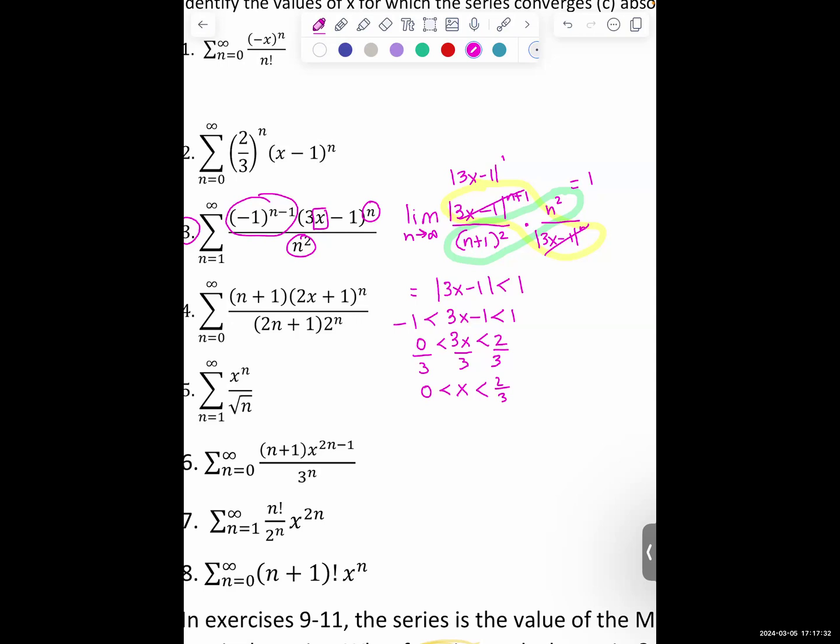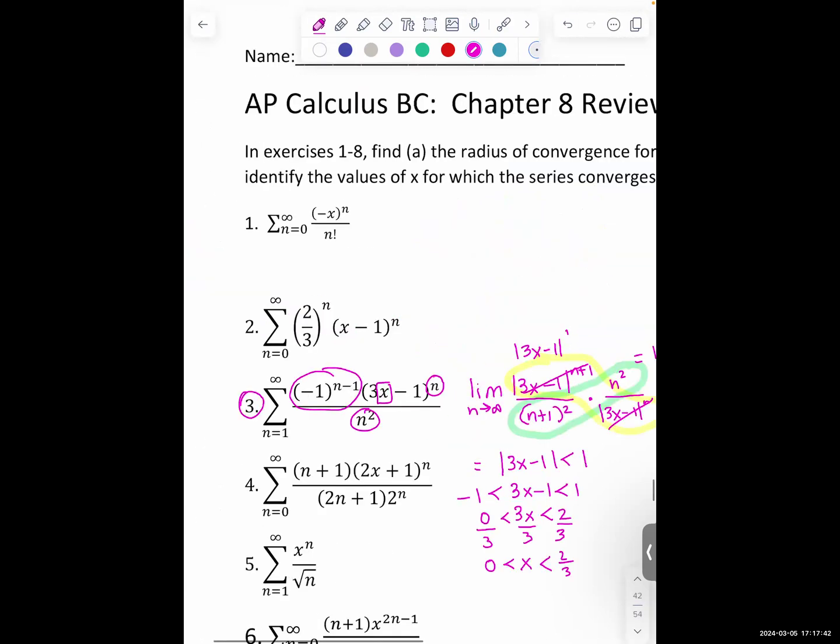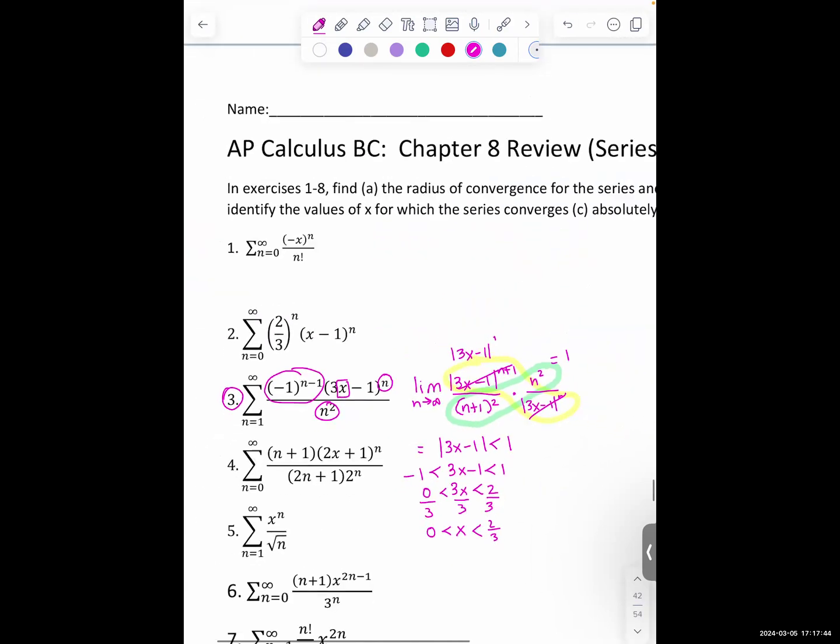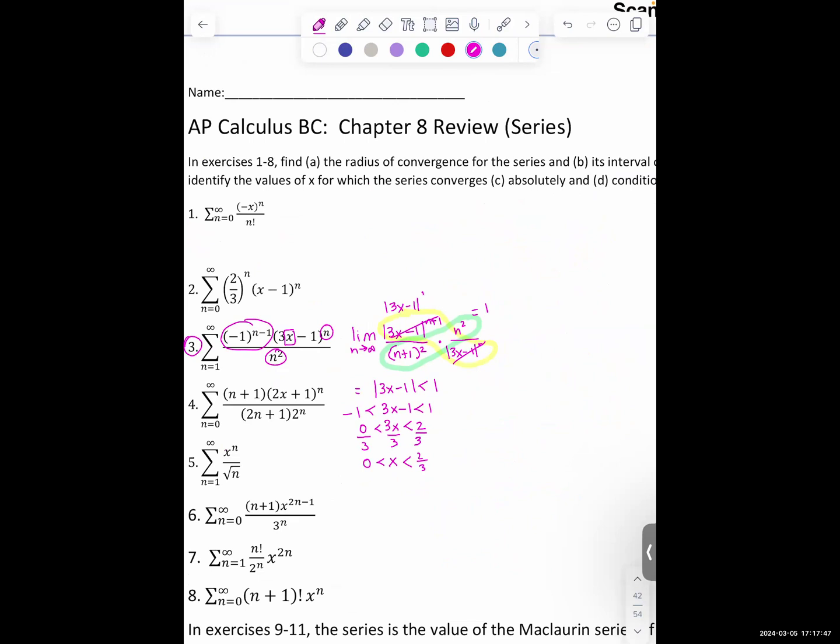Just a quick comment on how the question is phrased here. It's asking you to find the radius of convergence, so let's start with that. I wasn't able to catch third period's mistake on finding the radius of convergence by adding, but I'll mention it here.